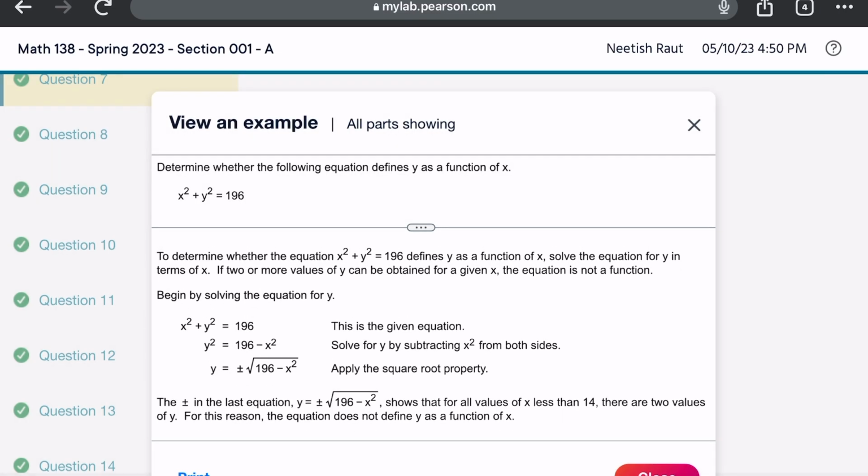The plus and minus in the last equation, y equal to this, shows that for all values of x less than 14, there are two values of y. For this reason, the equation does not define y as a function of x.